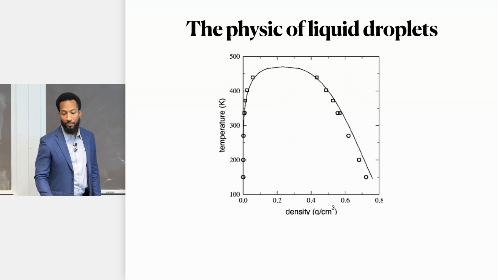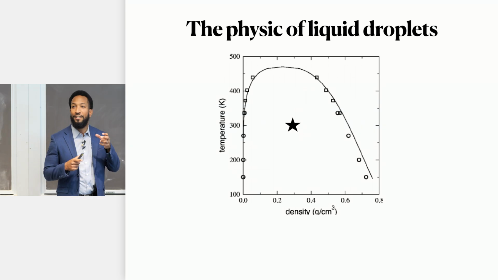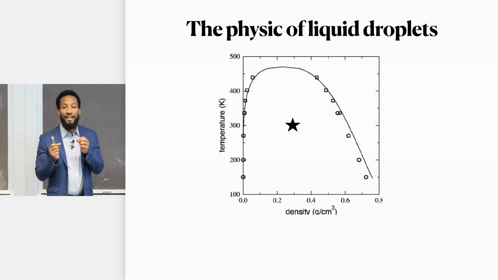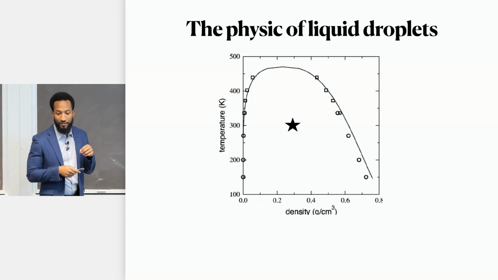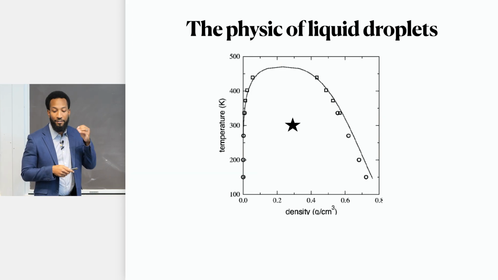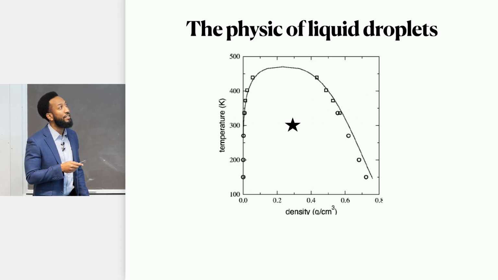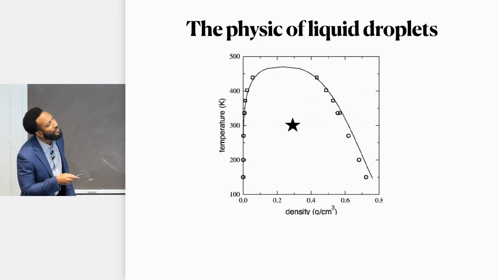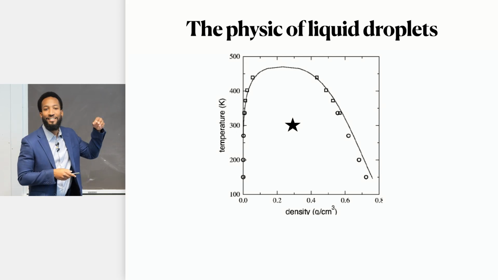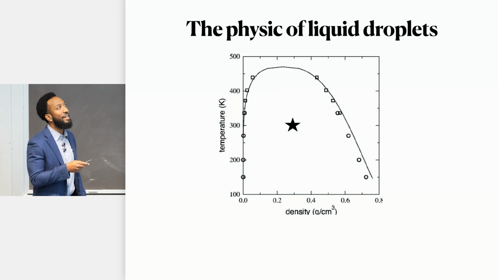Imagine a test tube where I mix a total concentration of a liquid at 0.3 or 0.25 grams per centimeter cubed. It doesn't matter about the units, just imagine this is some concentration.